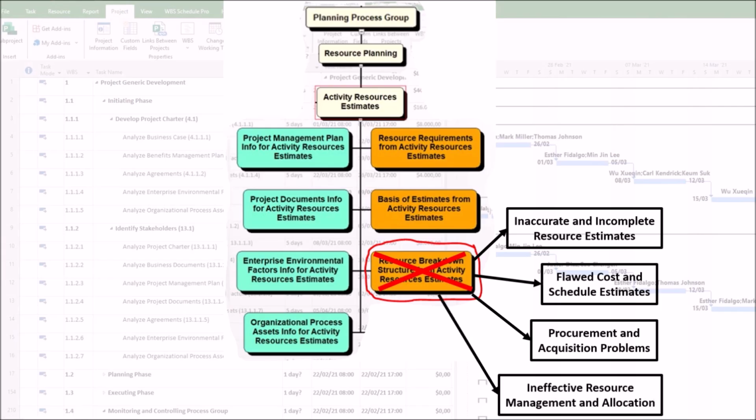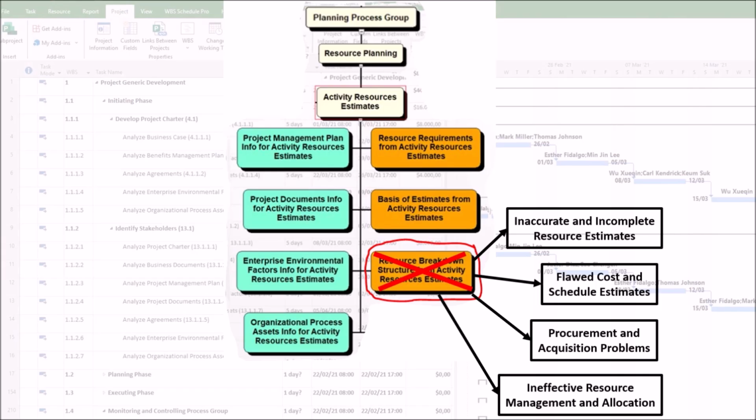4. Ineffective resource management and allocation. The entire purpose of the resource breakdown structure is to provide a framework for management. A poor one makes management impossible, as follows. First, resource overallocation and conflicts. Without a clear hierarchy and categorization, it's difficult to see if the same specialized resource, such as a 3D animator, is being assigned to multiple concurrent activities.